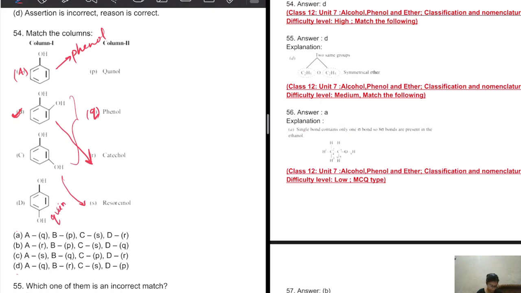Okay. This is not hydroquinone. That would be this. Okay. So D matches with P. So it is there in this option. So correct option would be this, alright.